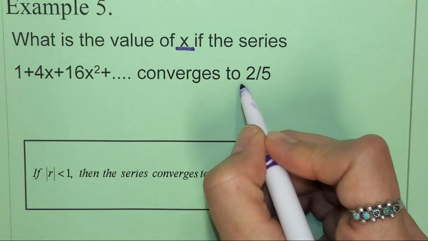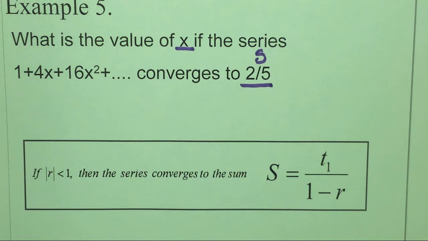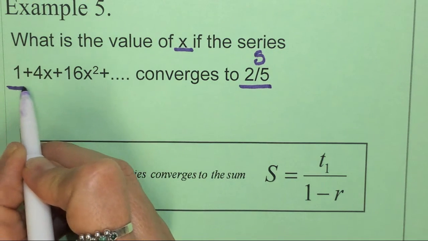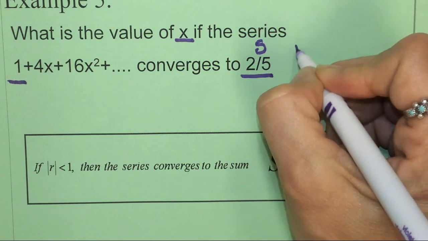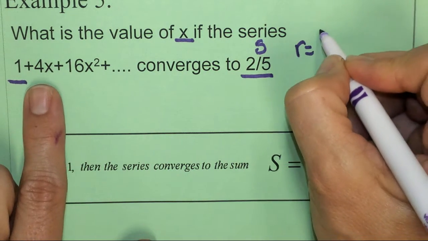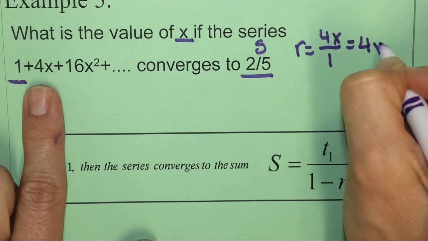If it converges, what are they really giving me? They're giving me the S. So put an S. That's your S. Did they give me the first term already? Yes. Do I know what R is? Yeah, all you have to do is divide. R is the second term divided by the first term. So what is R? 4x.